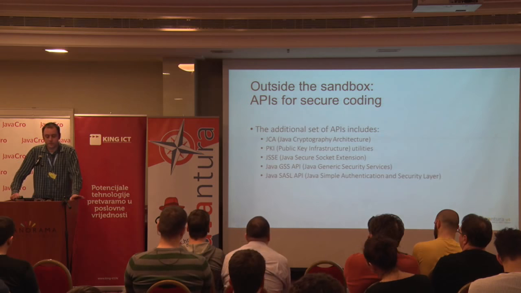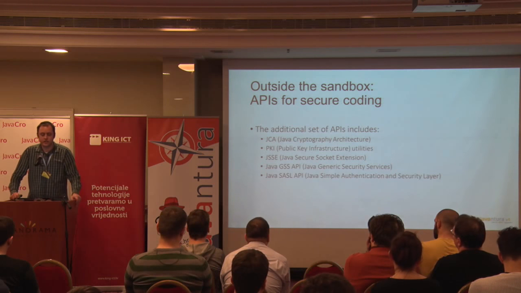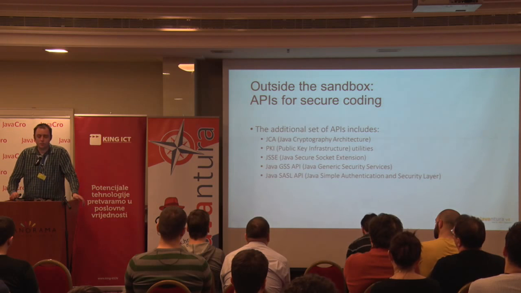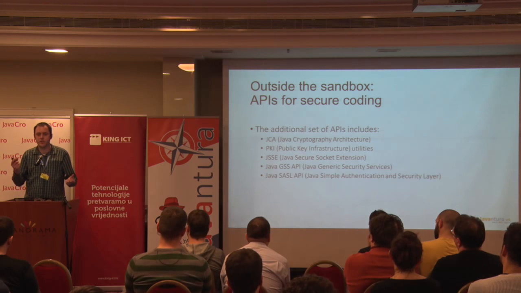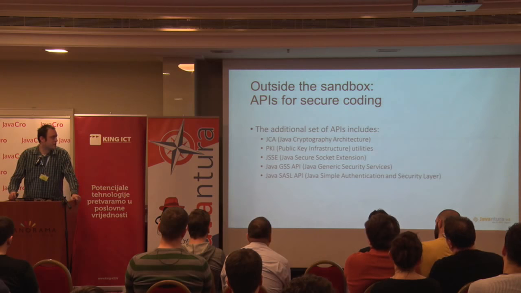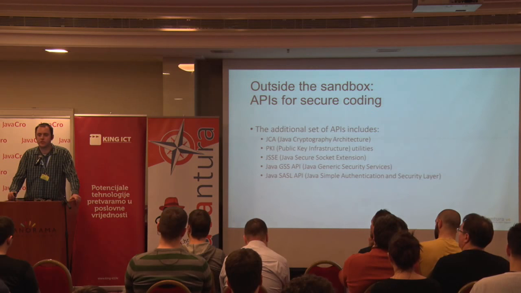You have an alternative to Java Secure Socket Extension, which is the Java GSS API. Java GSS API essentially provides a way for a client and a server to communicate by means of exchanging security tokens. And last but not least, you have the Java Simple Authentication and Security Layer, which basically provides a mechanism for exchanging authentication information.